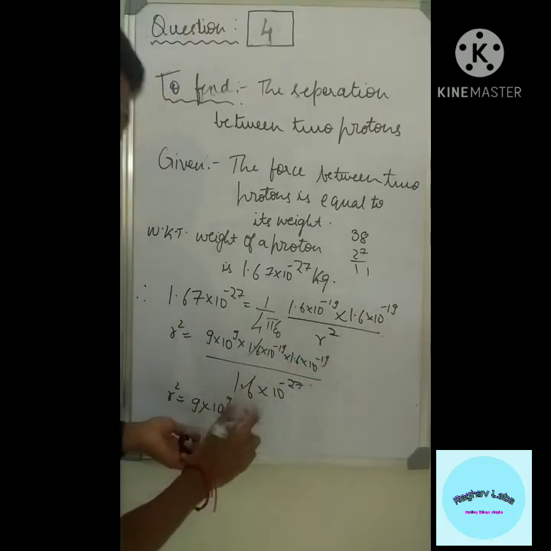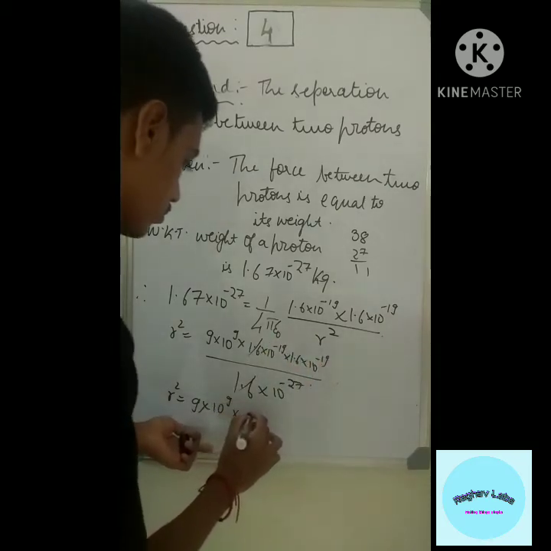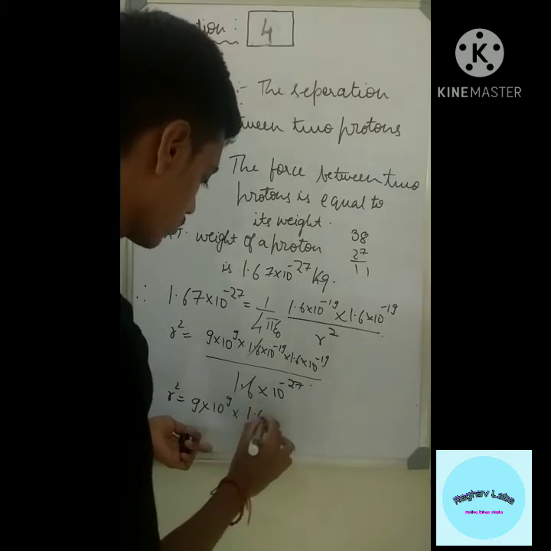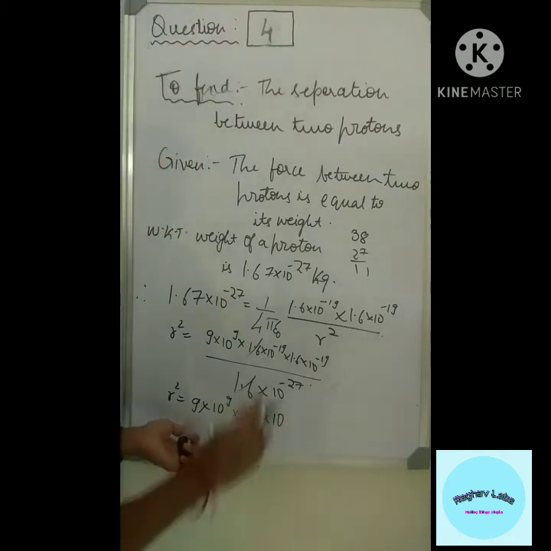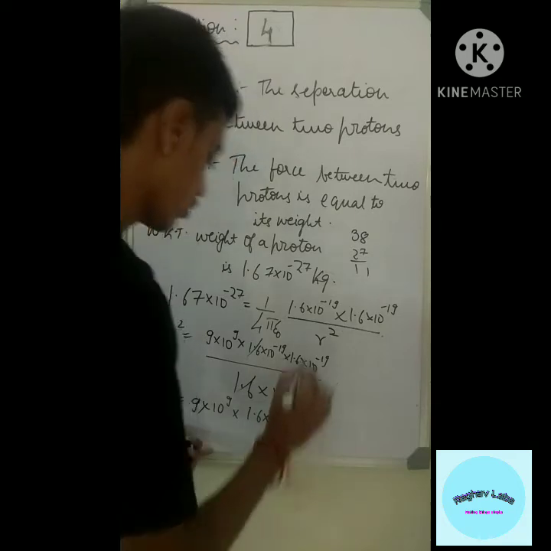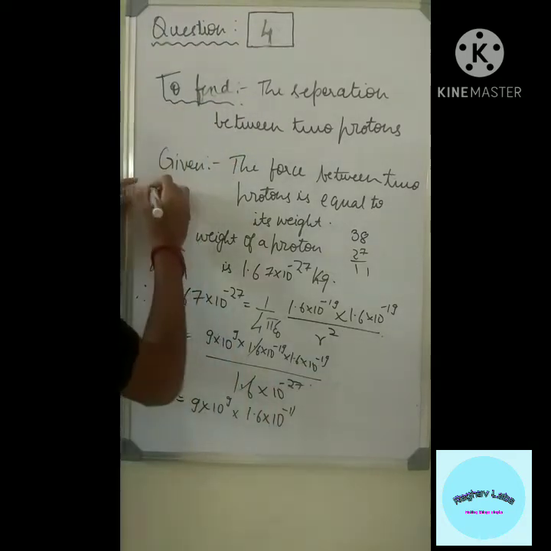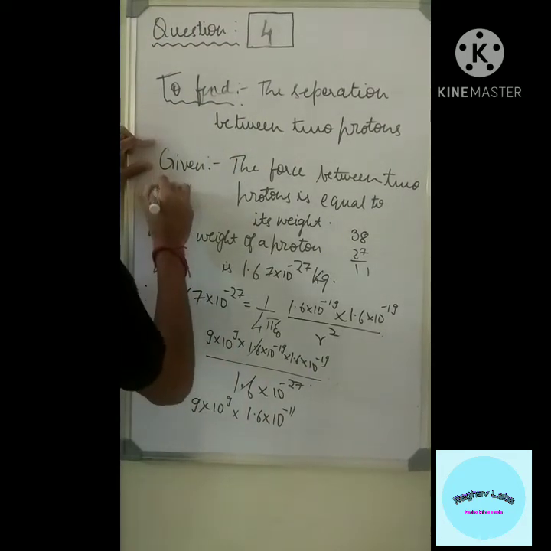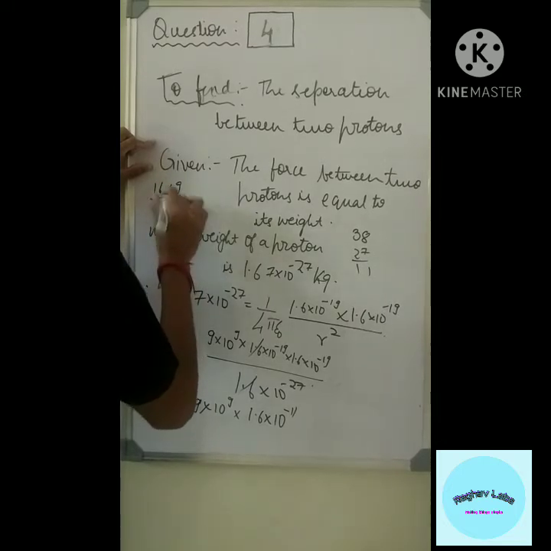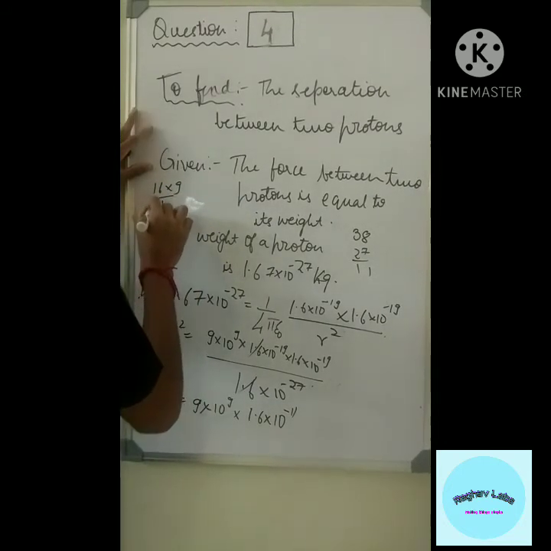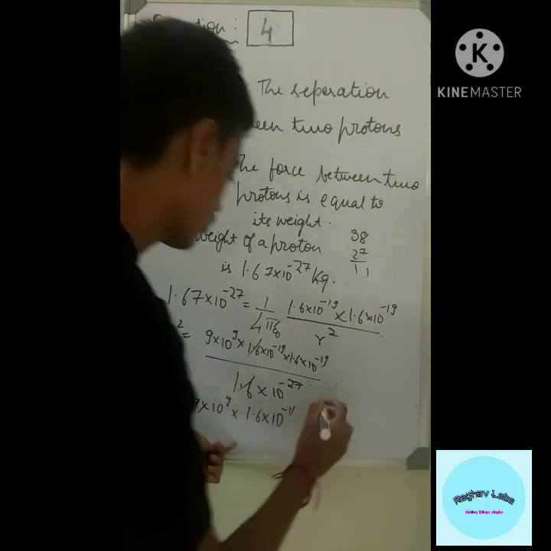So 10 to the power of minus 27 comes up and becomes 10 to the power of plus 27, right? 1.6 into 10 to the power of minus 11. So 1.6 into 9 is equal to 14.4.